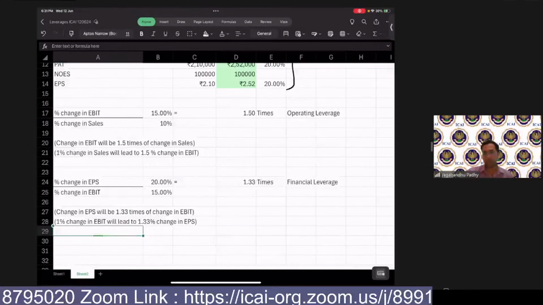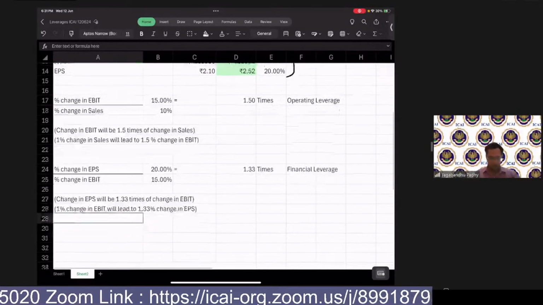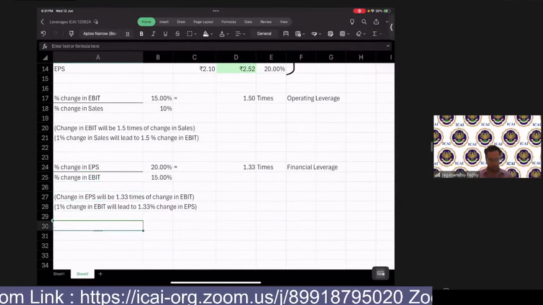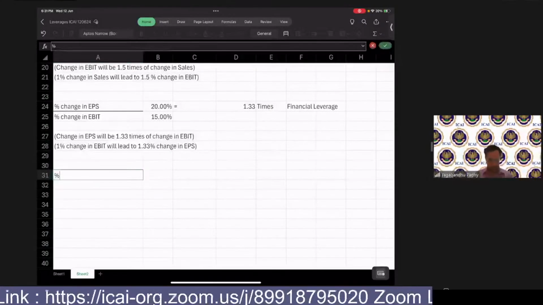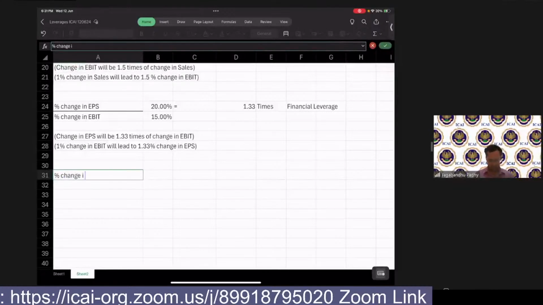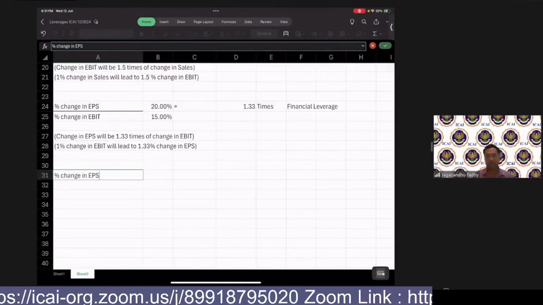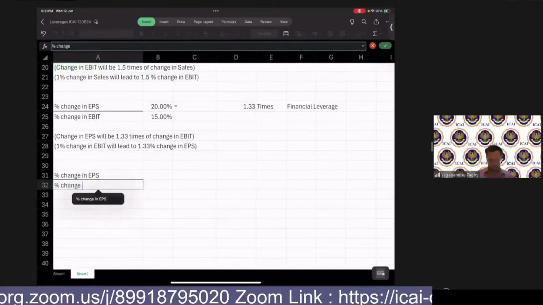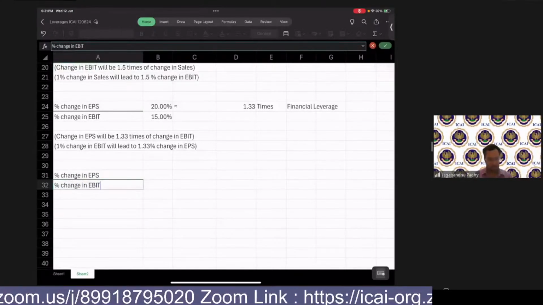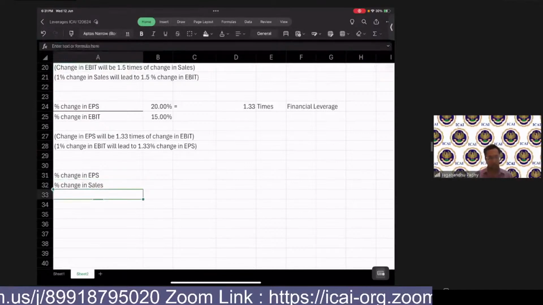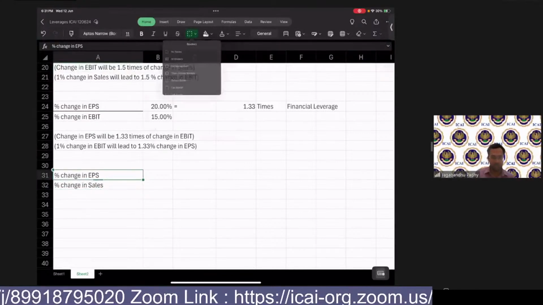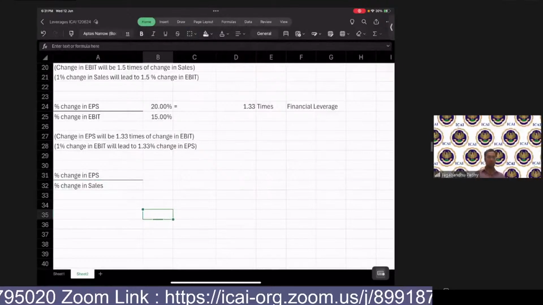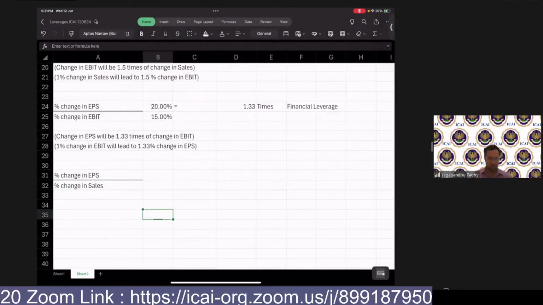Let's take it forward. Now finally we are connecting the next aspect, which is the percentage change in EPS due to the percentage change in sales.